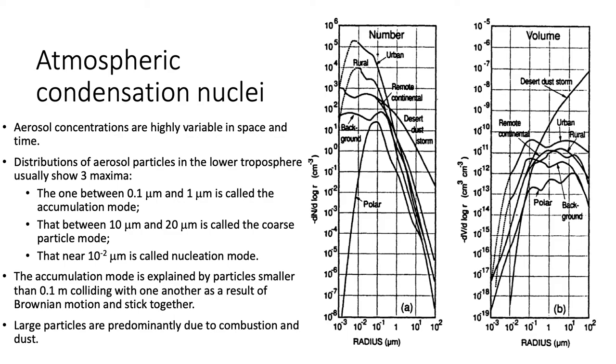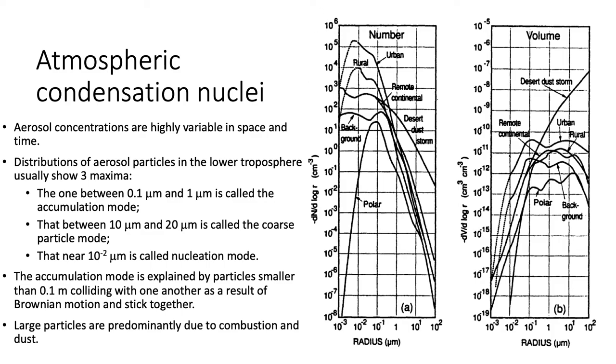In an urban setting, because you have more pollution, you can have more particles at slightly higher radii. In the desert, just because dust particles can be much bigger than the soot and the pollution that is generated, these distributions don't fall off quite as strongly. In the polar region, these regions tend to be relatively clean and so forth.